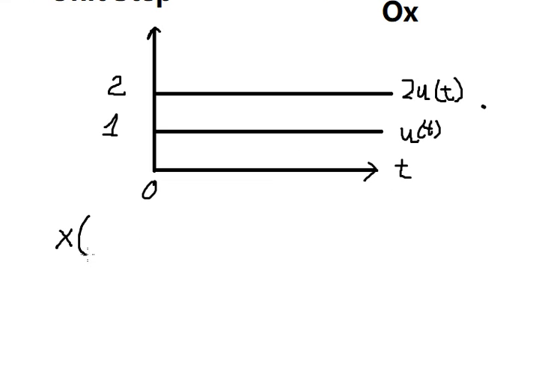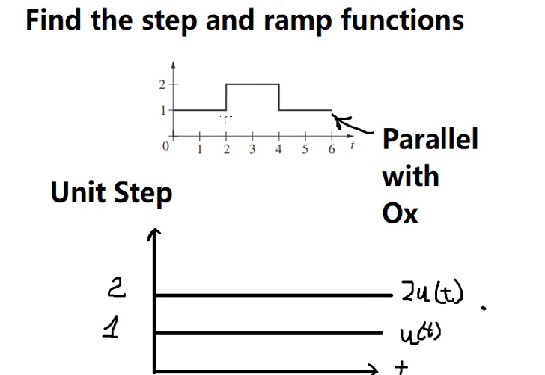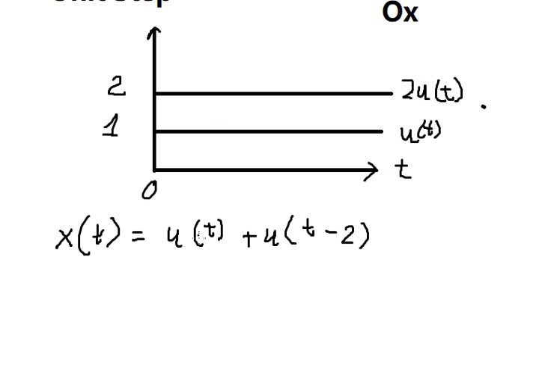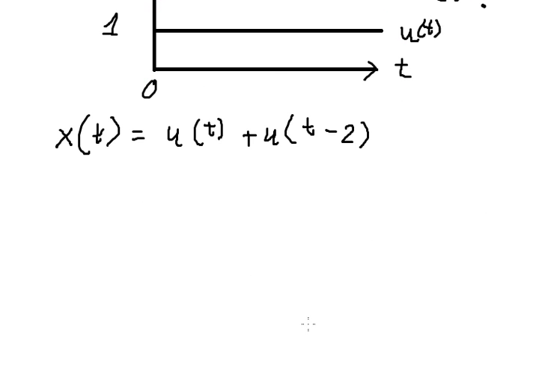So we have s(t) equals u(t). Later we increase by 1 unit in here at t equals 2. So we will have u(t minus 2) when t equals number 2, because when t is smaller than number 2, the graph of this one should be like this.